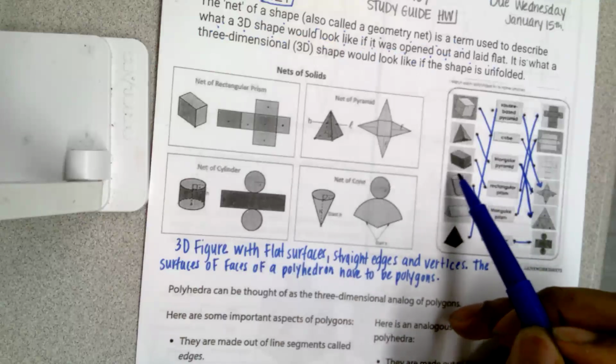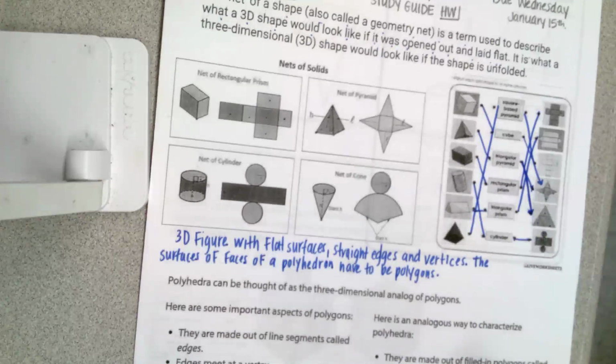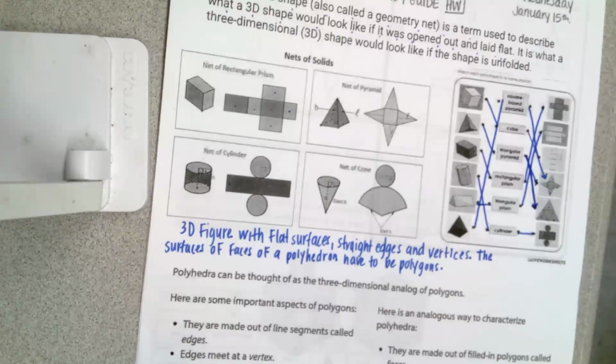Do you see at the surface, it is a circle, so there are no connected vertices. Okay. So polyhedra are 3D figures with flat surfaces. You see that's a flat surface.